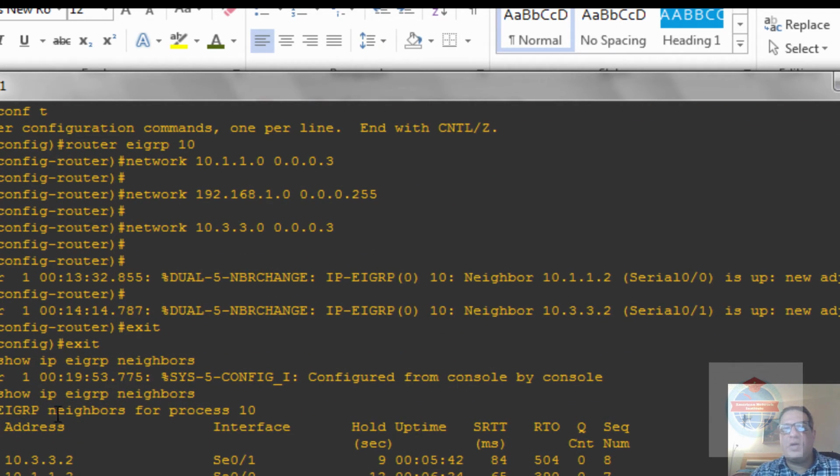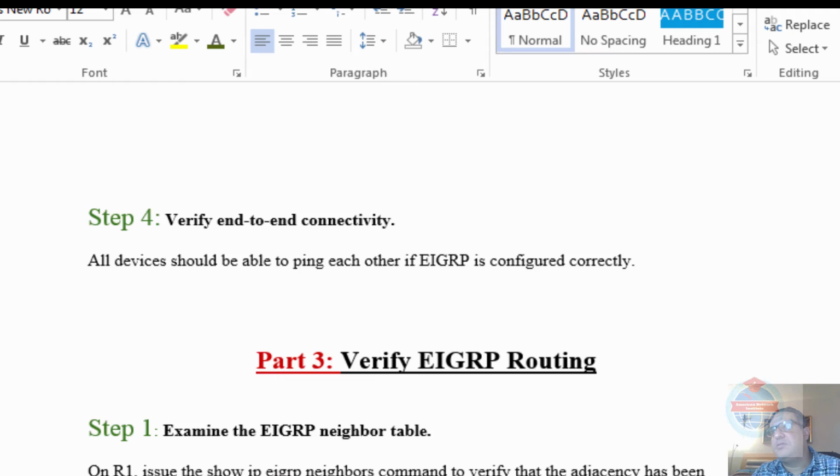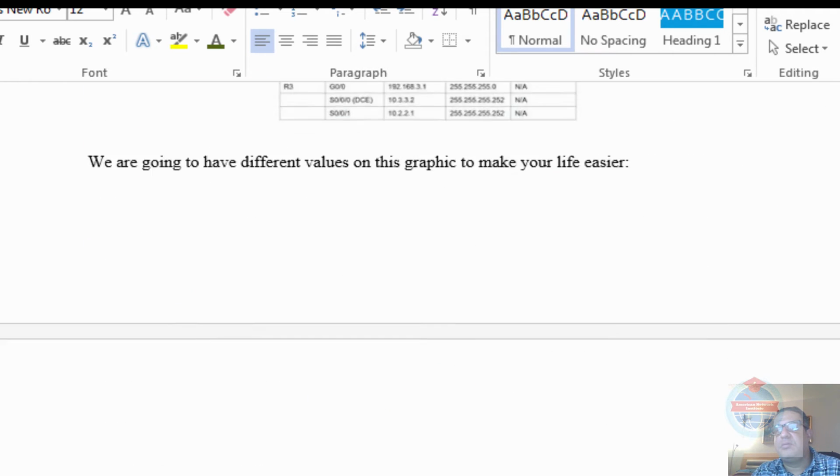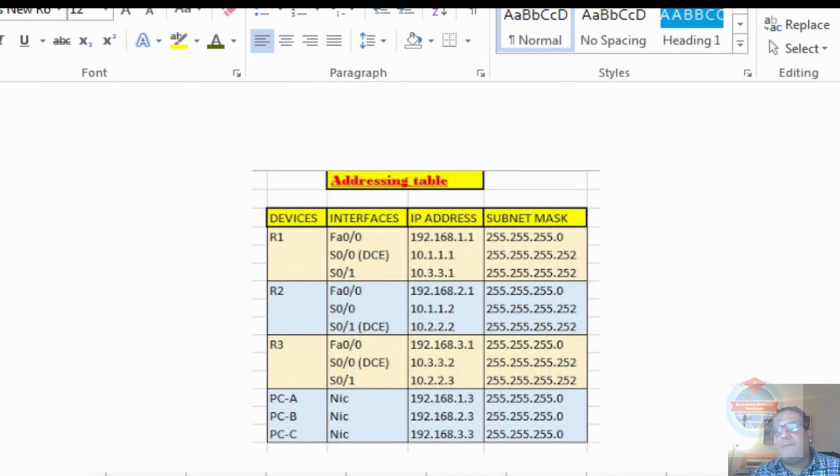So from R1, you're going to see your neighbors, 10.3.3.2 and 10.1.1.2. Basically, if we go over here to the graphic, you're going to see these values.